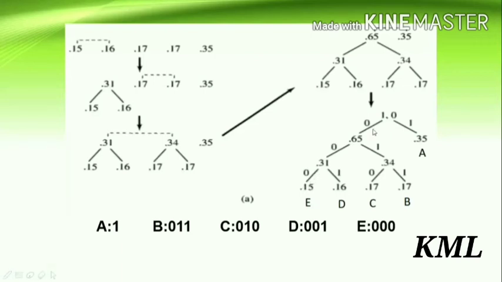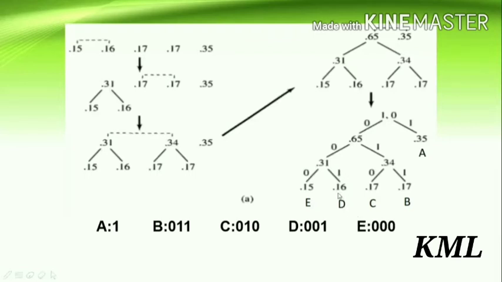Okay, while traversing we have to note down the symbols or the assigned values and combine them together. Okay, so we get 0, 0 and 0 for letter E. See here we have got 0, 0, 0 for letter E.